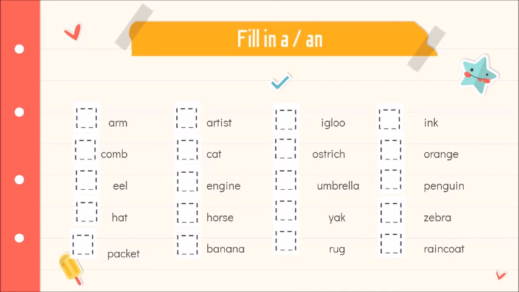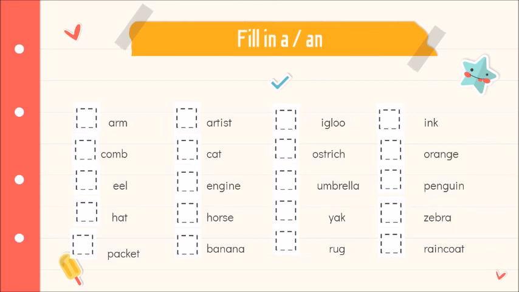Comb starts with a k sound. So a comb, a cat. Eel, vowel sound. So an eel. Engine, an engine. Hat, so a hat.